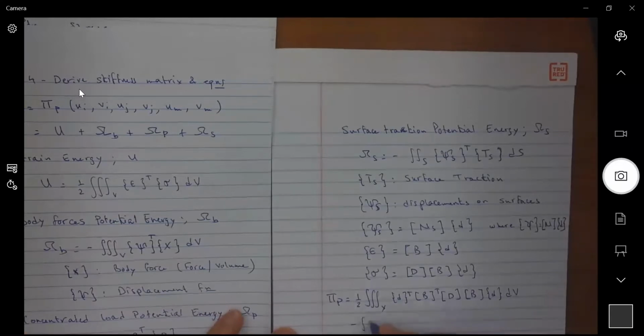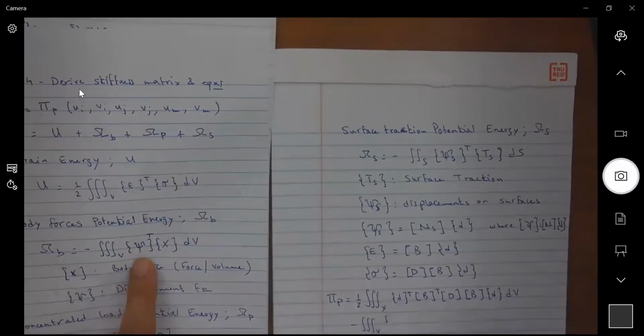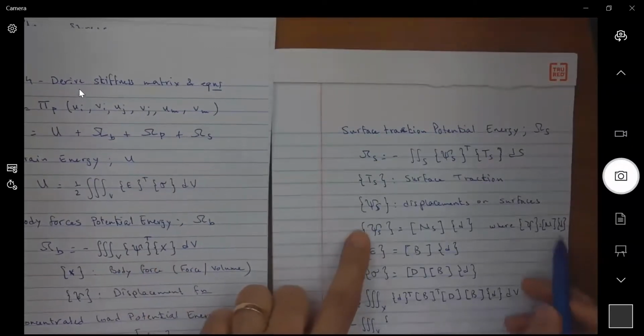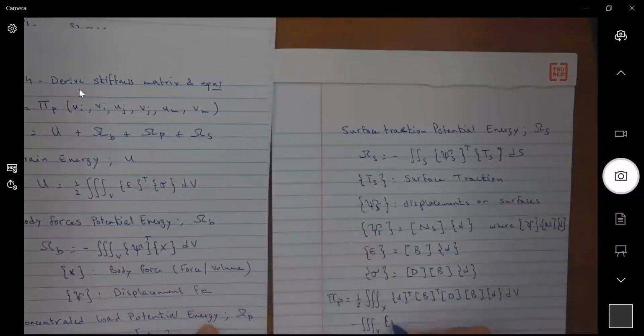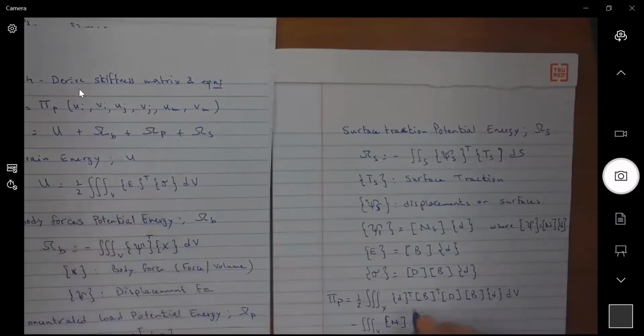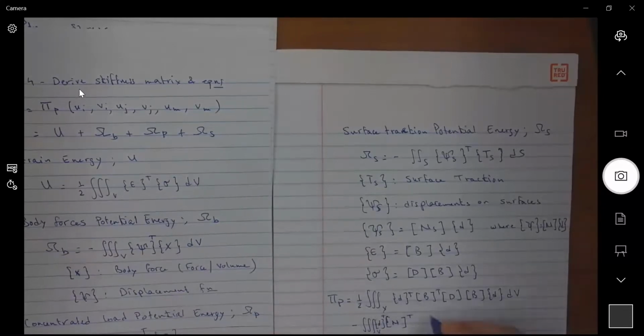Minus the triple integral for gamma B over the volume of psi times x. For psi, I'm going to use N, and it's a transpose, right? So I'm going to actually put the D here, transpose times N transpose multiplied by x dV.